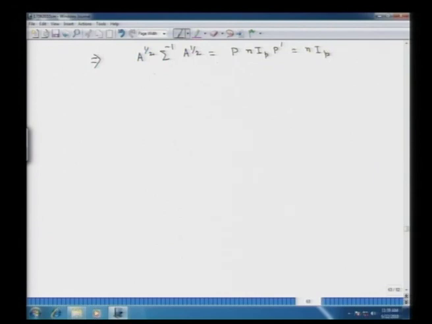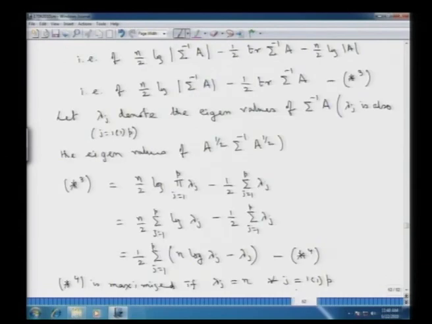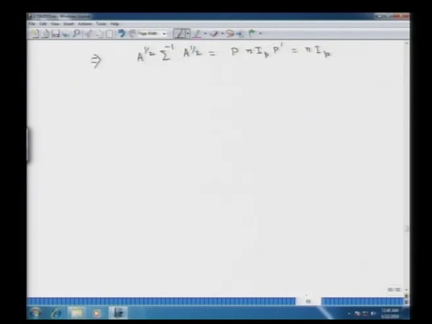Now, using this particular result, it is simple to get to the maximum likelihood estimators. If the maximizing eigenvalues are all n, then A to the half sigma inverse A to the half, whose eigenvalues we had actually seen are the lambda j's, in terms of its spectral decomposition is P D lambda P prime, and that is equal to n times I p.